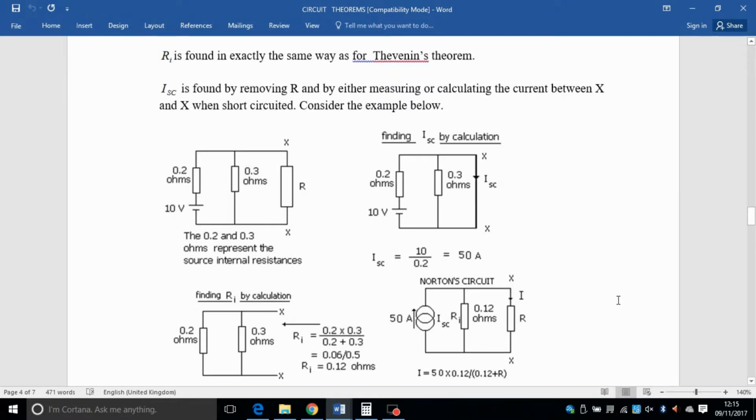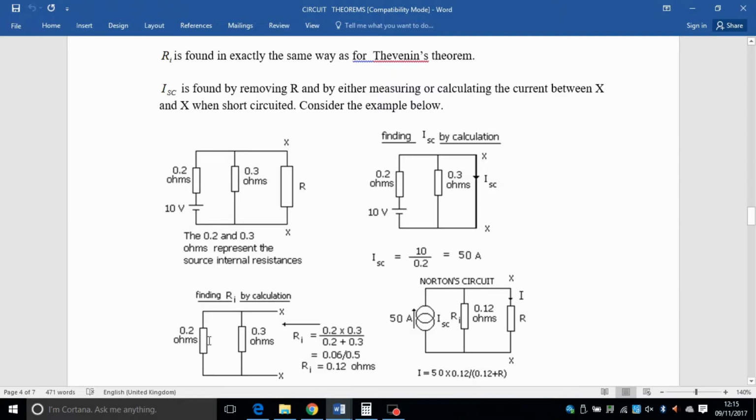So the first thing you do, you take the load out, take the battery out, and short circuit where the battery was, and then you end up with this circuit to find the internal resistance. You look at it from the load point of view and calculate how much resistance is there.